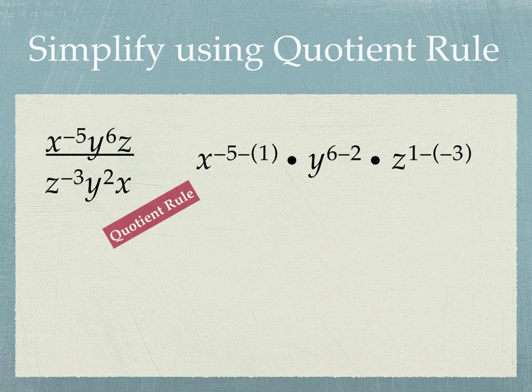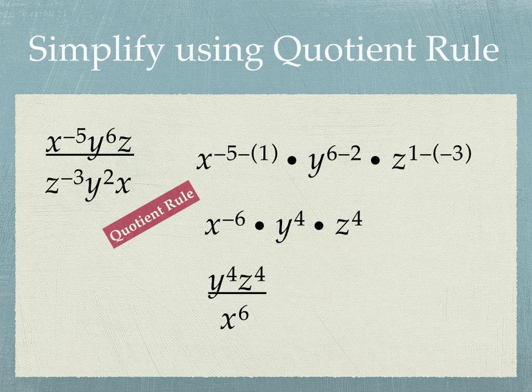And then we will evaluate x to the negative 6 now times y to the 4th times z to the 4th. The x to the negative 6, we have to deal with that by putting it in the denominator. So whenever a problem asks you to simplify an expression, it's important that in your answer you only have y, z, and x written one time.